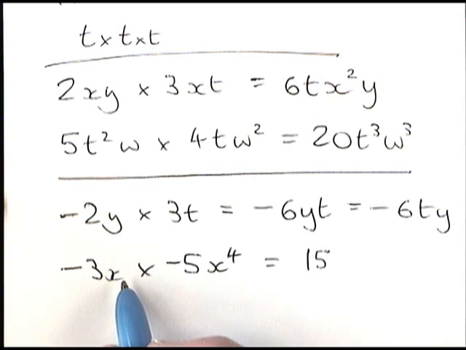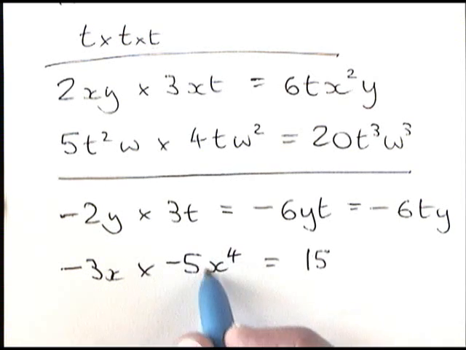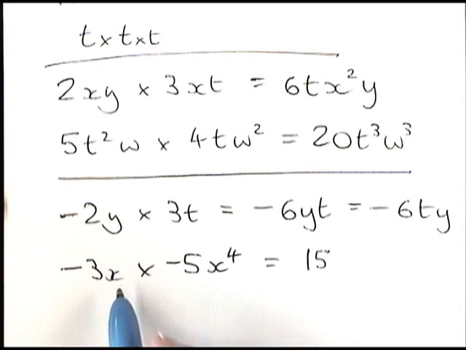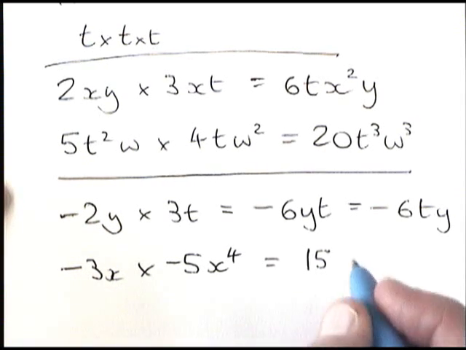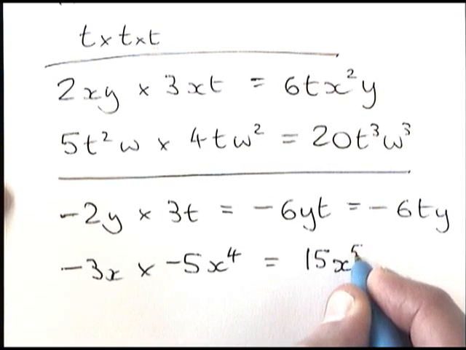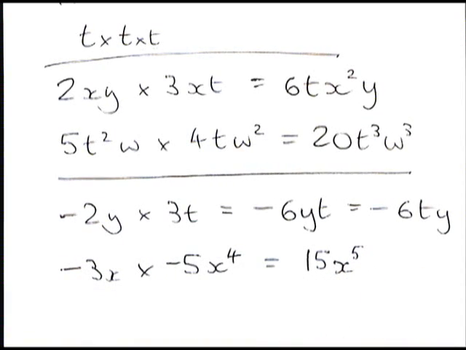Now I've got to deal with the x's. X times by x to the power of 4. That x to the power of 4 means x times x times x times x. 4 x's multiplied together. There's another one here. So altogether it's 5 x's multiplied together. And I'd write that as x to the power of 5. So when you're multiplying letters together in algebra, that's how to do it.